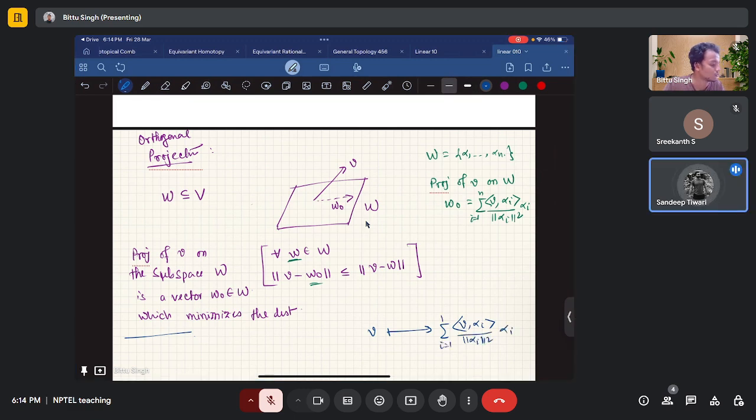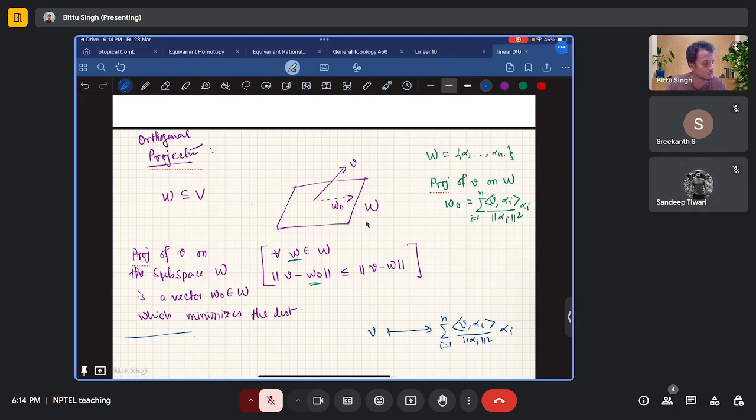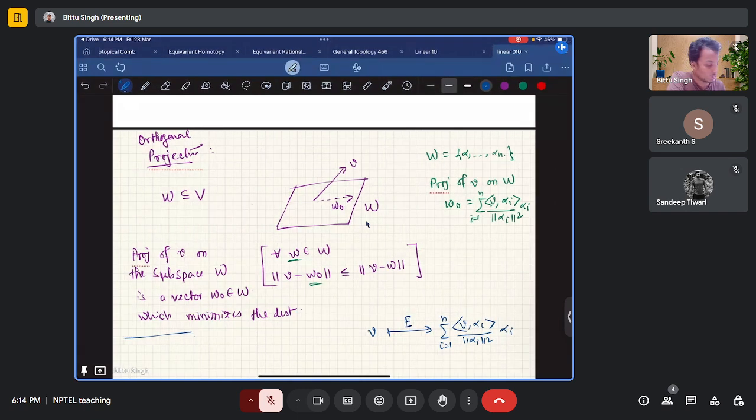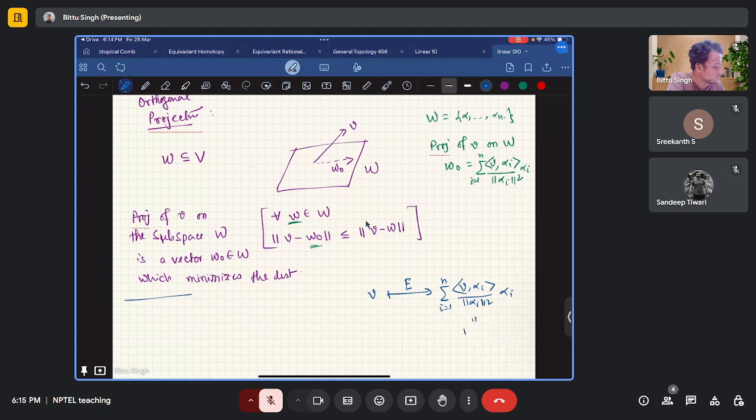This is linear because those are linear combinations of the alpha i, and you can use the linearity property of the inner product. So it is clear that it is linear. I will denote this orthogonal projection by E. So this is actually EV.